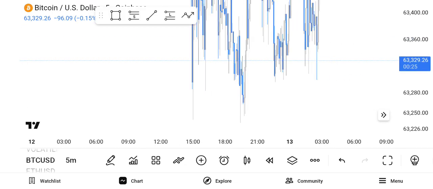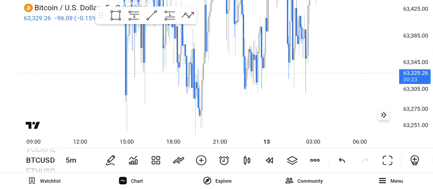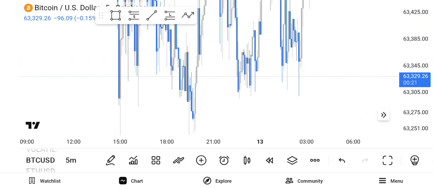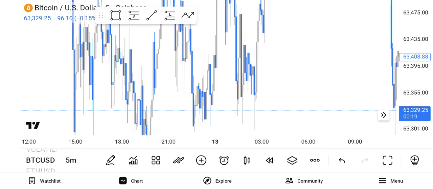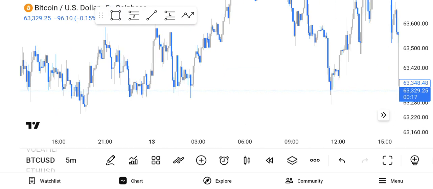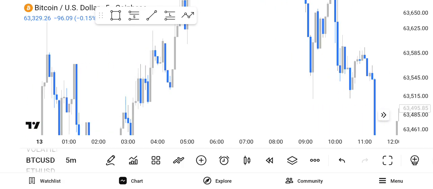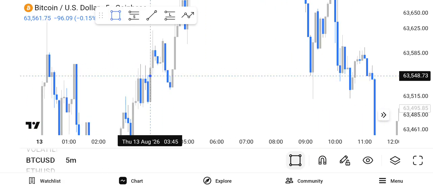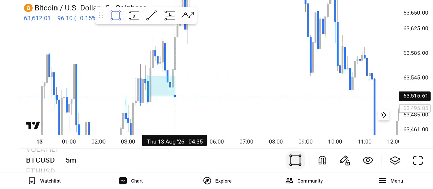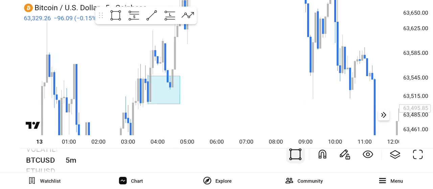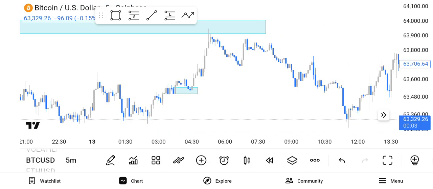Okay, no clean price action here. Okay, just right here. Price came in, tapped in the demand zone, bought off to the upside.